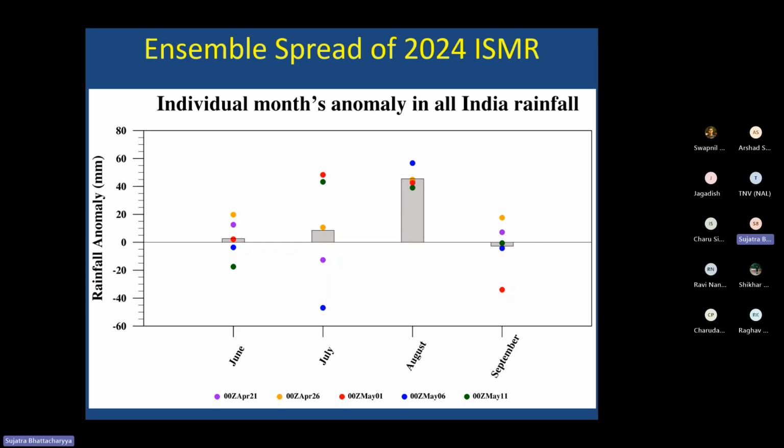Look at July, it's a little more complicated. There are two extreme lows here and two extreme highs and one other. So to me, these are similar, and there is no real confidence in our forecasting. But look at August. August is very clear, it's only on one side. So his prediction of August above normal has only one sign. If he gets it right, I will say this model has something.